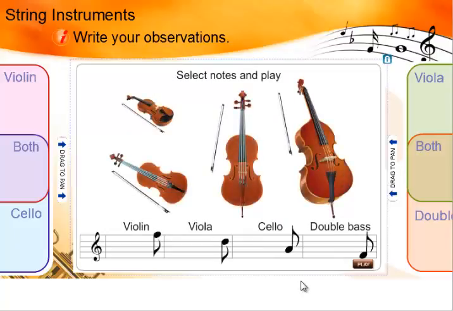As we can see, these are all the string instruments, and the violin is the highest and the double bass is the lowest. Let's listen to the pitches again. Violin, the viola, the cello, and the double bass.